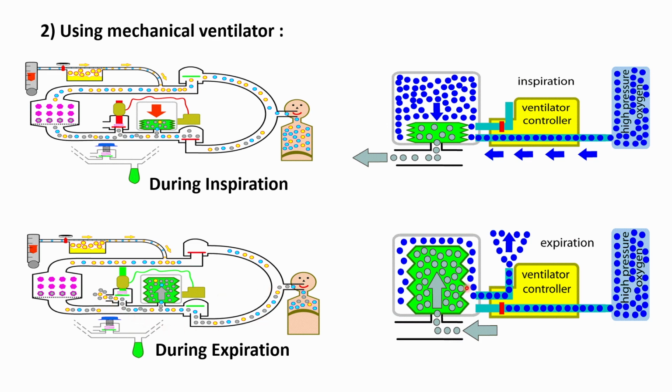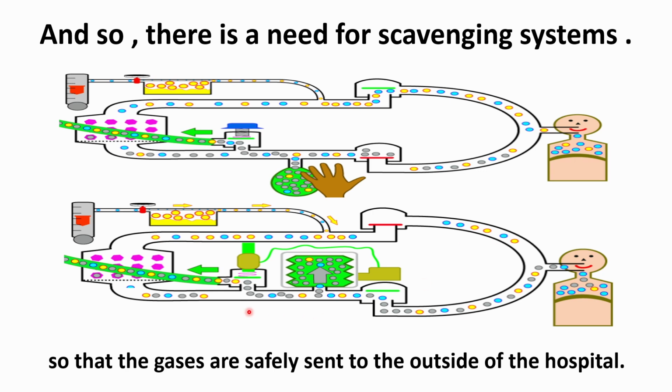So we have here two openings to the open air, one near the ABL valve and one at the ventilator control. This will later be connected to a system named the scavenging system, and this scavenging system will send this gas safely to outside of the hospital.